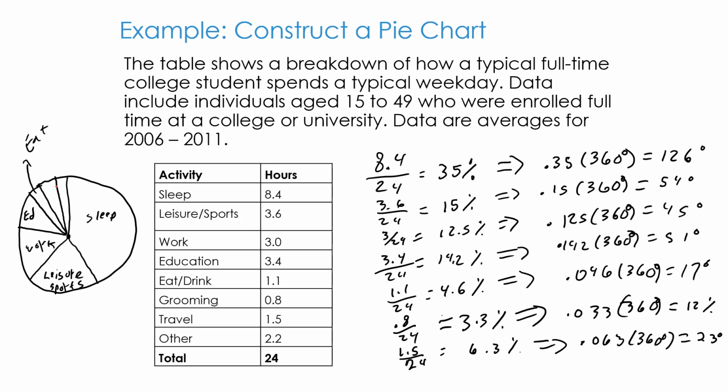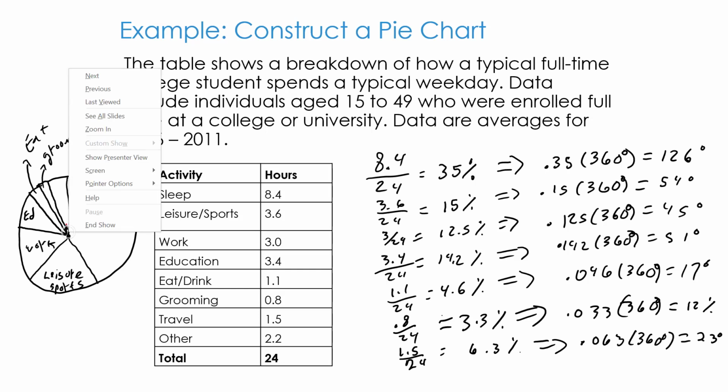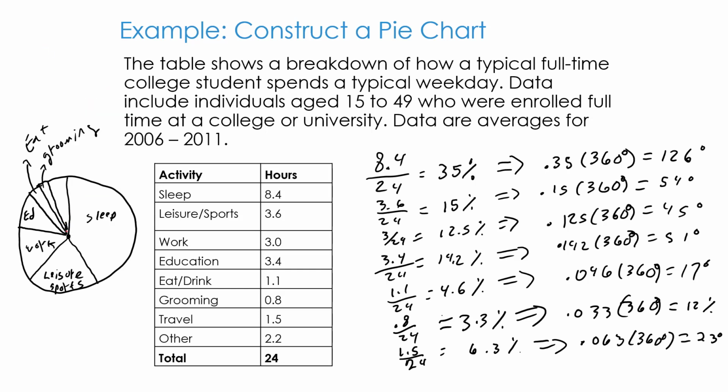And that looks bigger than the other one. So again, there we go. Grooming. Travel was 23 degrees. And so on. And that's how you make a pie chart.